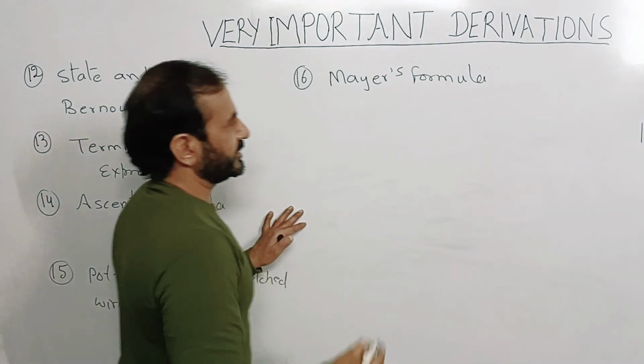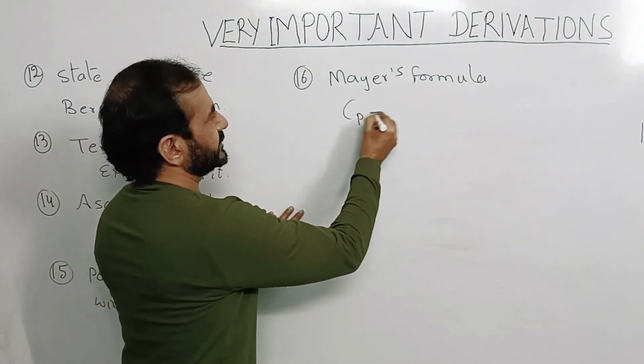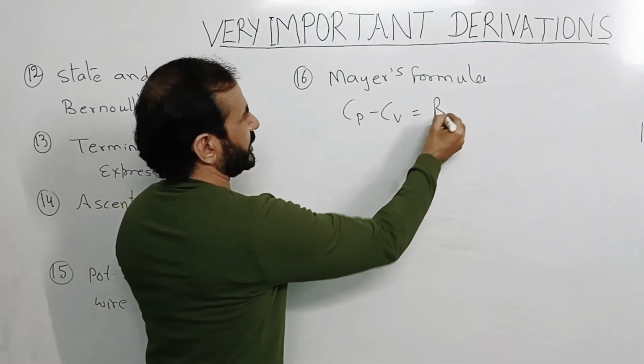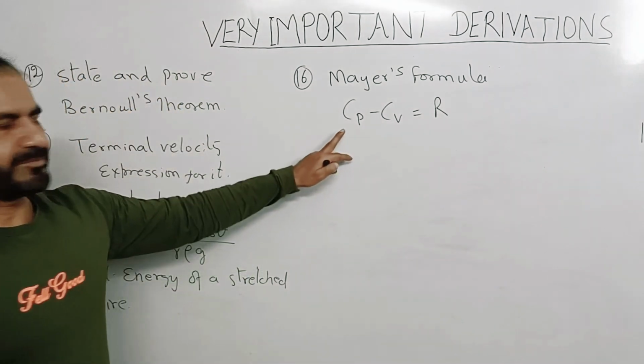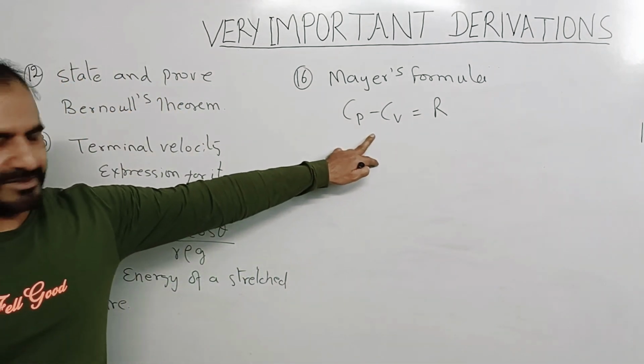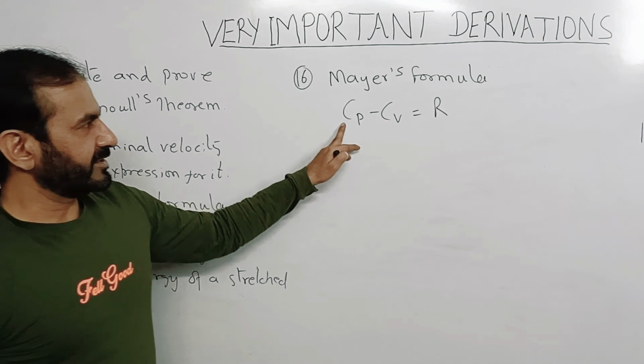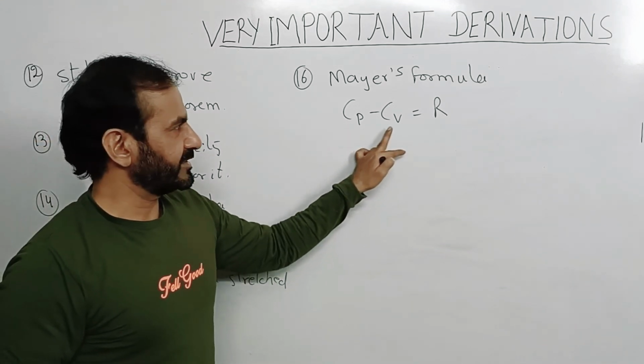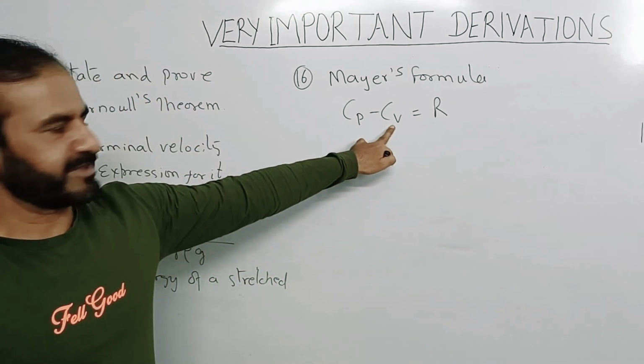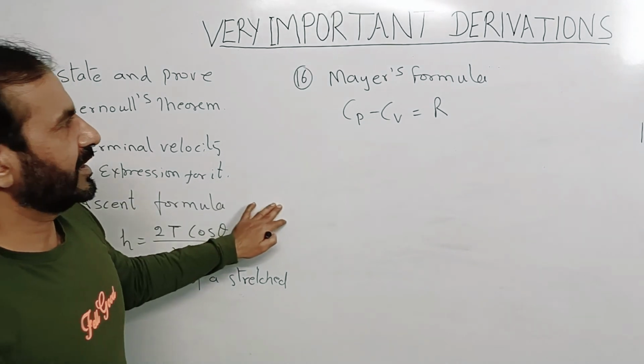Very, very important. Cp minus Cv equal to R. Cp minus Cv, molar specific heat at constant pressure minus molar specific heat capacity at constant volume equal to R.